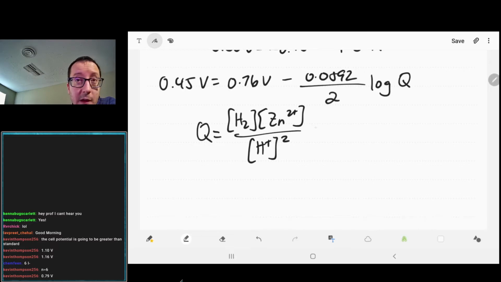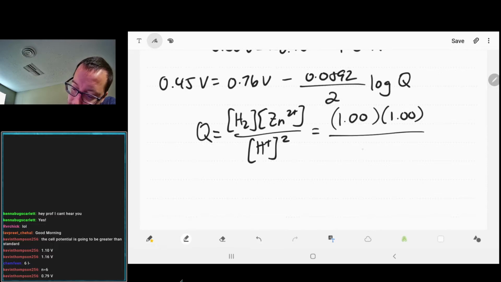We do not know H plus, right? Otherwise we could just calculate the pH directly. So we just have kind of 1 over x squared for our Q. Oh goodness, we have all this stuff to deal with.